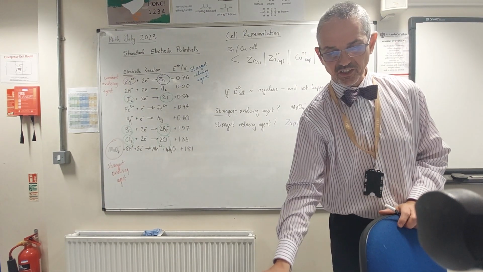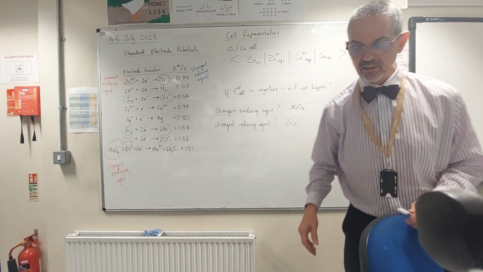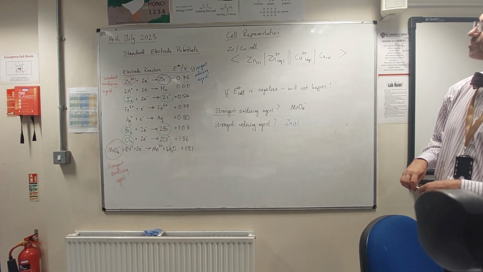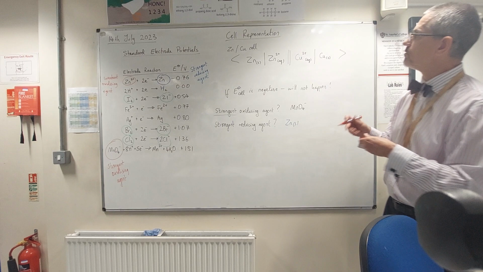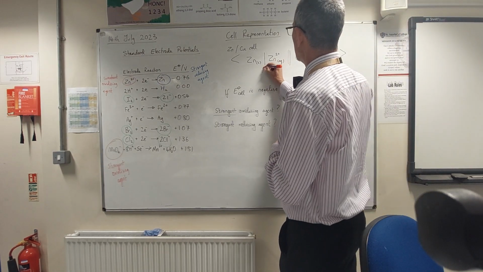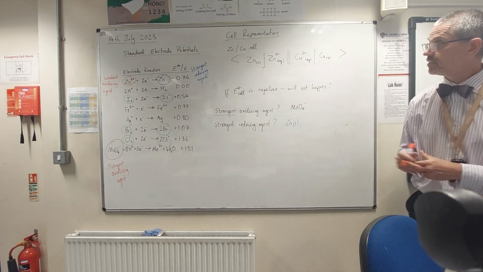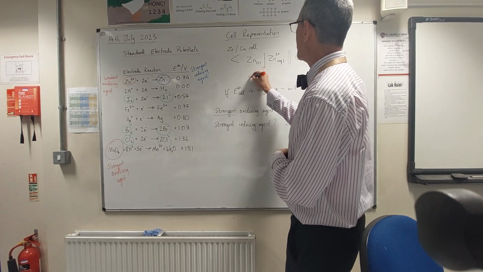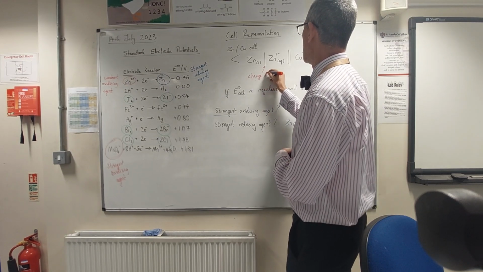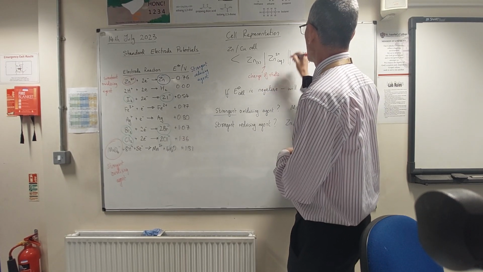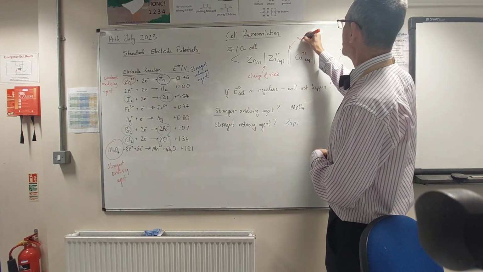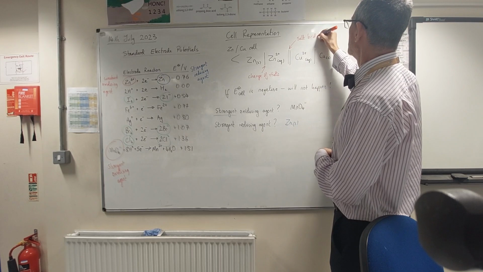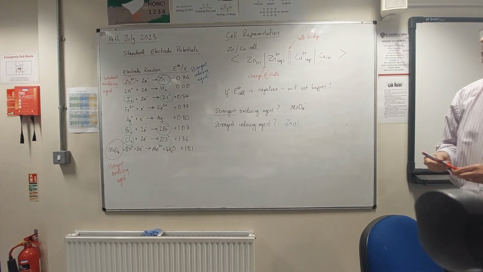But that becomes our cell representation for that reaction. So what do we have? Well, we have a single vertical line wherever we have a change of state. And we have our double vertical line for the middle of the cell or for the salt bridge.